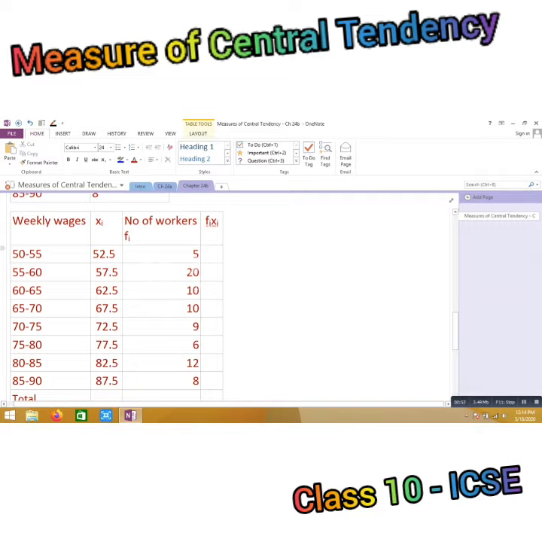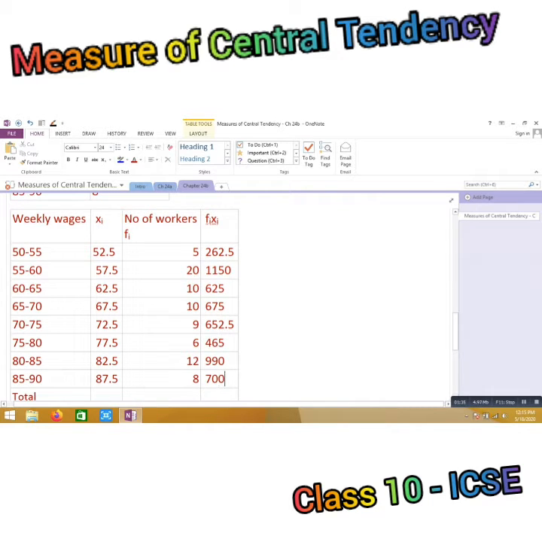So we can now get the fx by multiplying both. 262.5, 1150, 625, 675, 652.5, 77.5 into 6 is 465, 990 and 700.